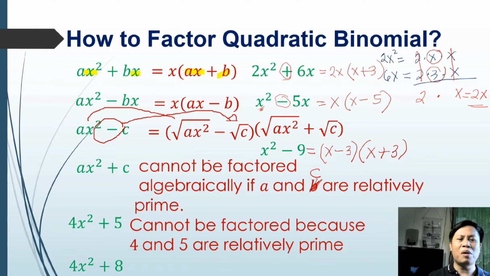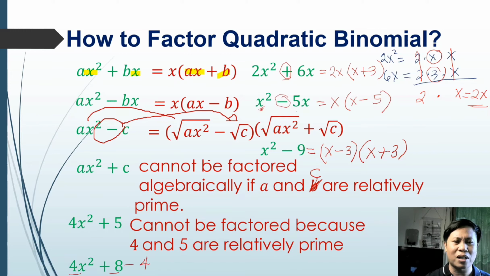Okay? Pero halimbawa, 4x squared plus 8. Pwede naman siya ma-factor, kaso nga lang, yung variable ay hindi mahihiwalay. Walang variable na mahihiwalay. Mafa-factor mo lang siya ng ganito, kasi ang greatest common factor ng dalawa ay 4.